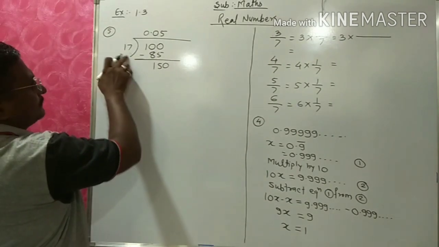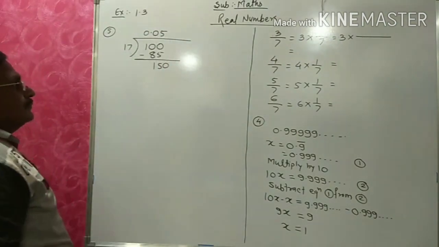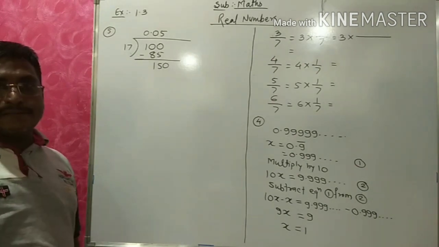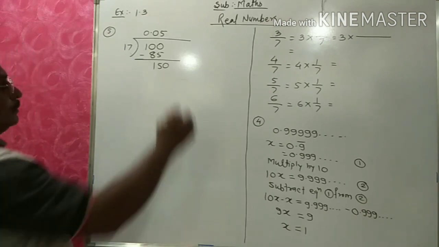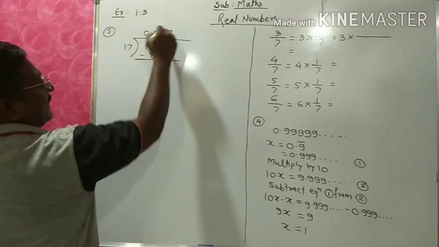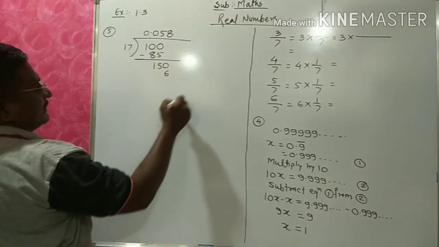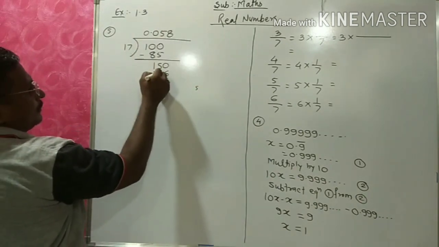So what we will get? 17 9s are... what is 17 9s? 153. So 163, it is not possible. So 17 8s are, so what will we get? 136. 5 8s... 8 plus 5 is 13.